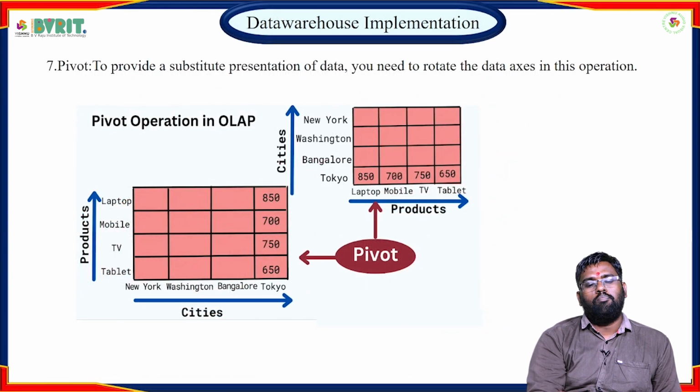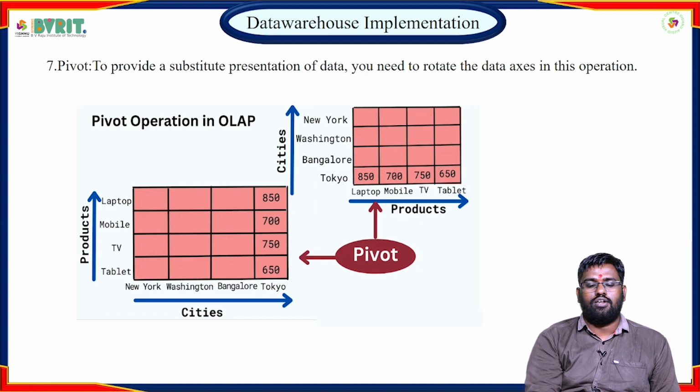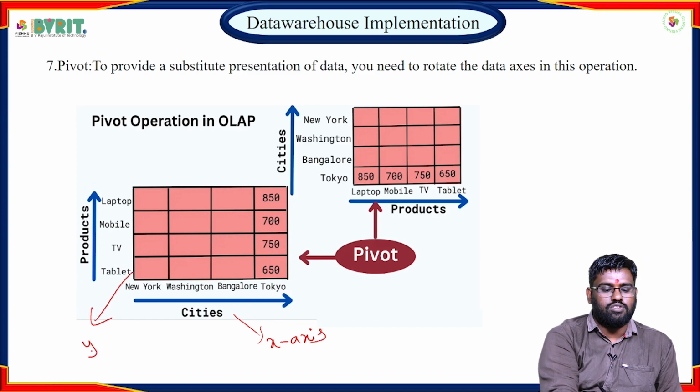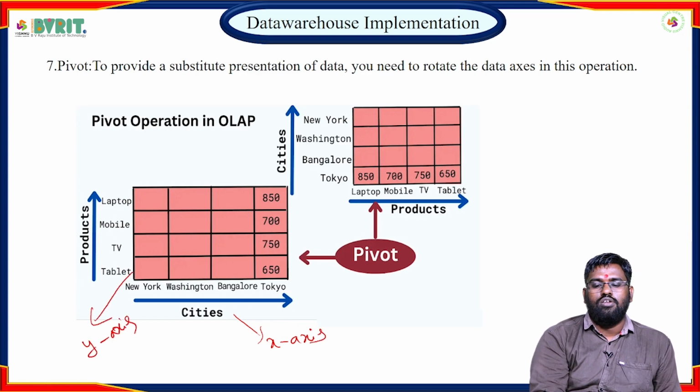Next one, pivot operation. Pivot operation is used to transpose the x-axis into the y-axis and the y-axis into the x-axis. So see, these are the cities we have on the x-axis and these all are on the y-axis. So pivot means we need to change the x-axis into the y-axis.